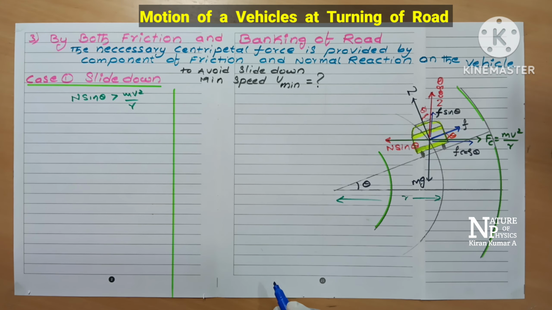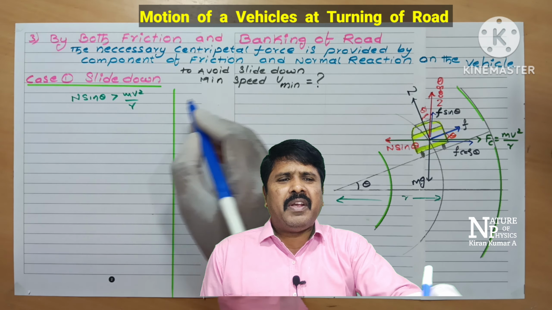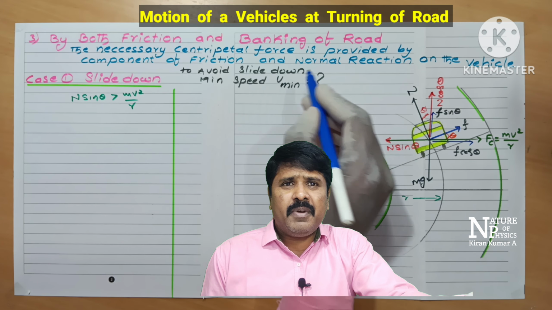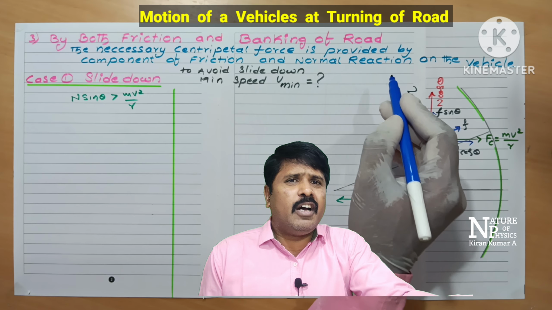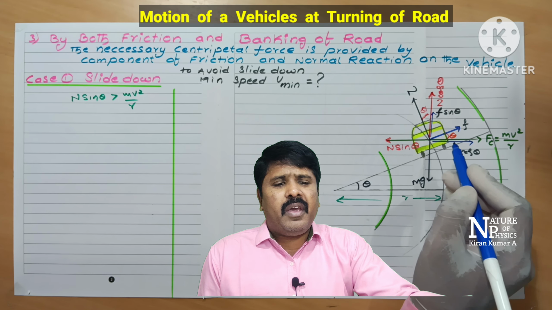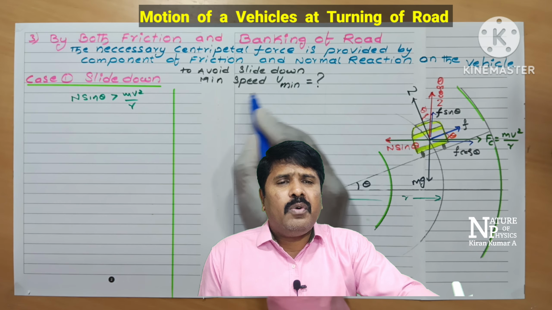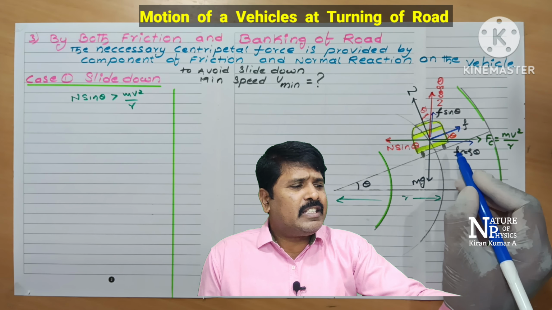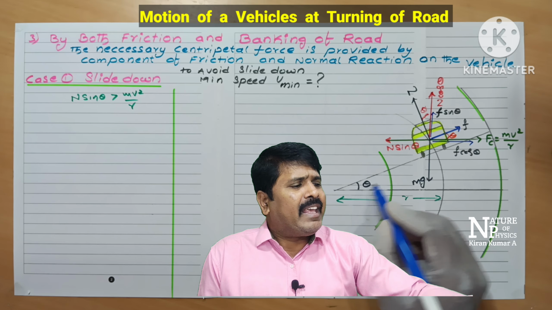Continuing, the third point is the case with both friction and banking of road. The necessary centripetal force here is provided by the component of the frictional force and also the normal reaction. To avoid sliding down, a minimum speed is required for the vehicle. The vehicle is taken as a bus on the banking of road.